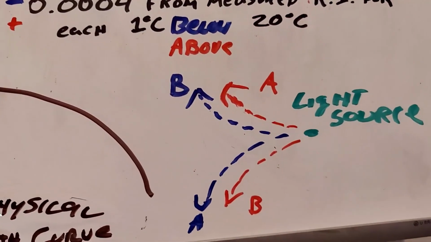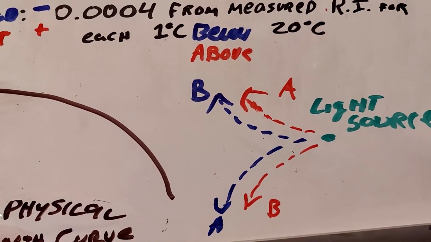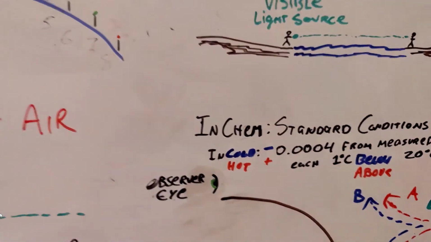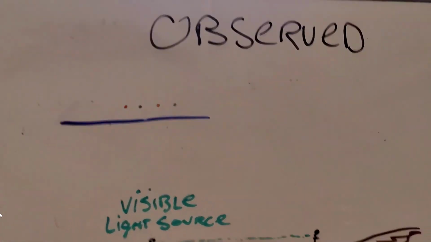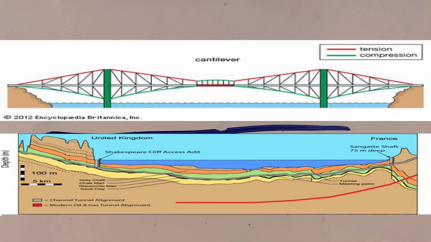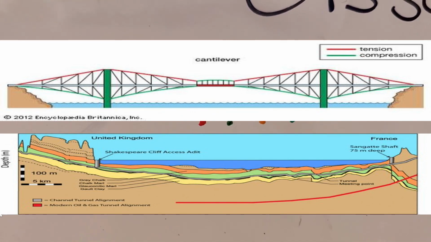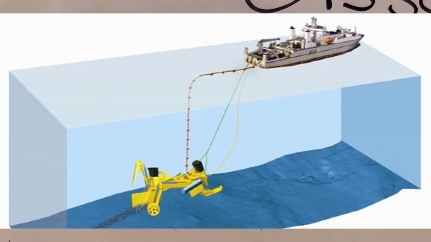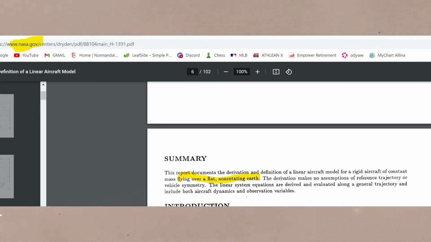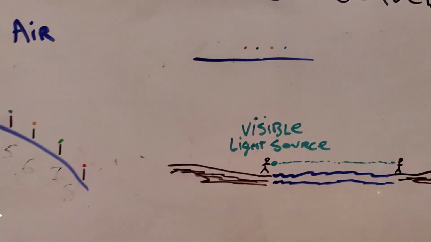So this is impossible. You cannot both go up and down. And this is what we observe. Straight, level, flat, horizontal, planar characteristic, matches bridge diagrams, matches water, ocean cable laying diagrams, tunnel diagrams. All of that matches this feature and this feature as well, with level water over lakes and oceans.